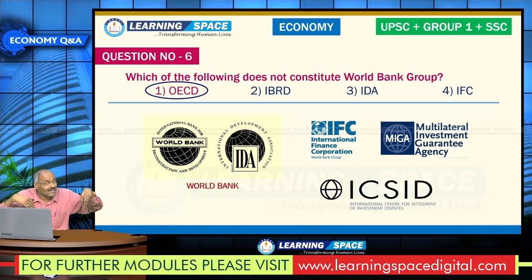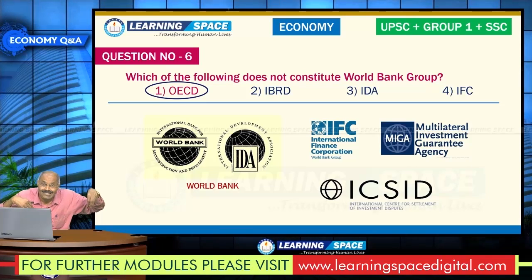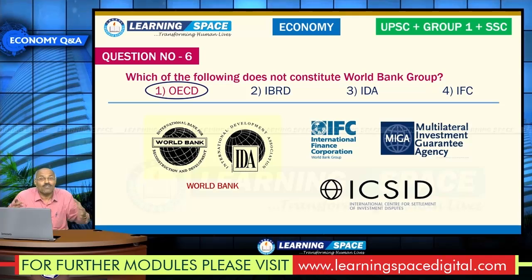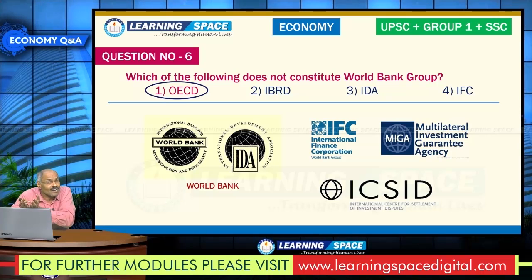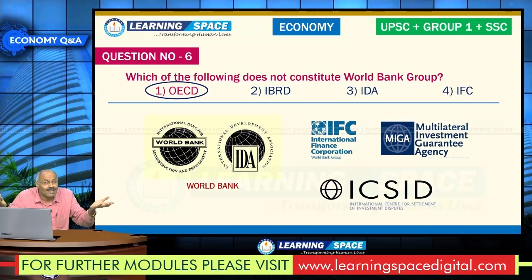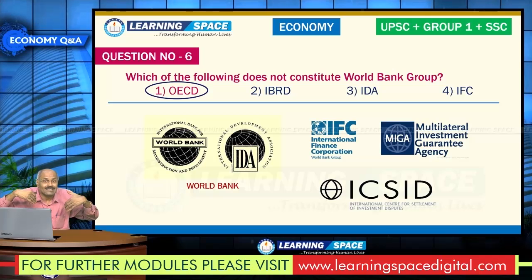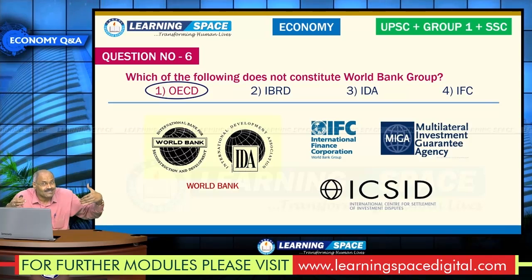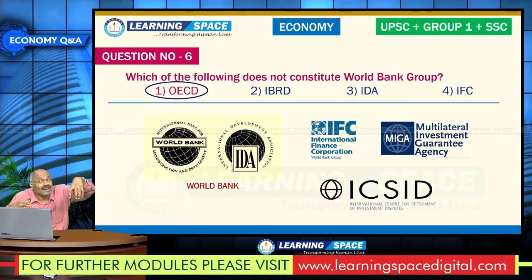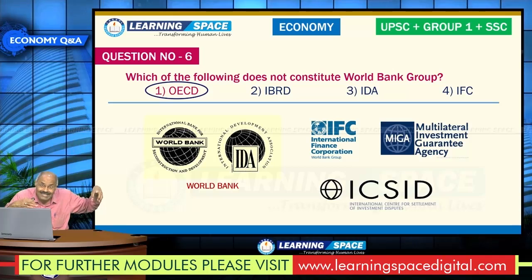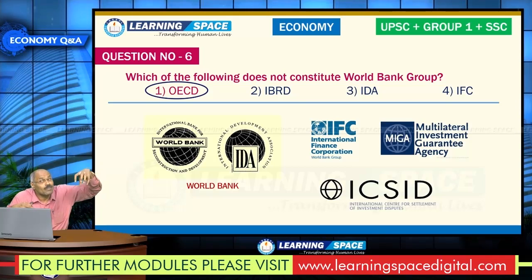What is commercial risk? If I am investing something and running into losses, because the business is not performing well, I am not able to improve the business, I am not able to do marketing, that is commercial risk. But non-commercial risk and political risks are different. So, Multilateral Investment Guarantee Agency looks at political and non-commercial risks.